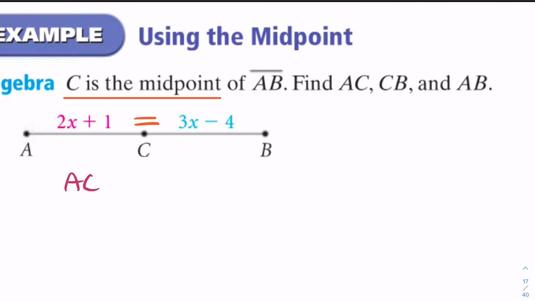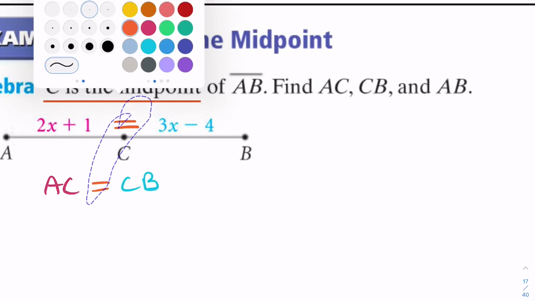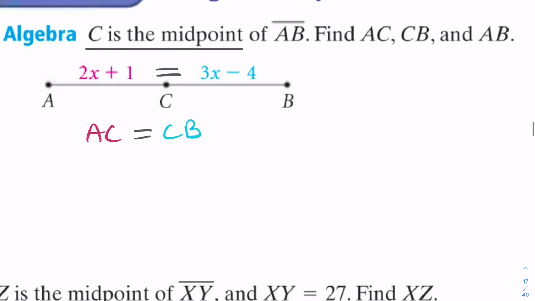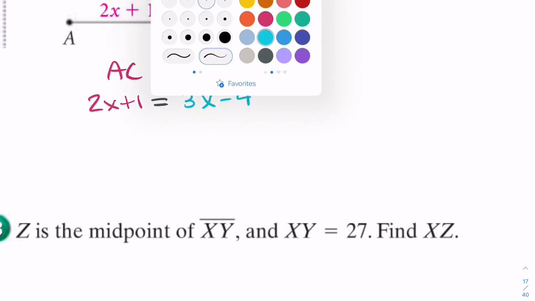AC equals CB. All right. And with AC, I'm going to put in 2x plus 1, and that's equal to CB, which is 3x minus 4. And then we just solve from here.